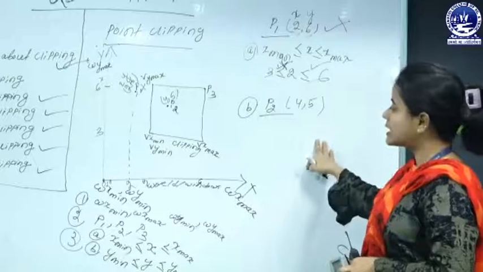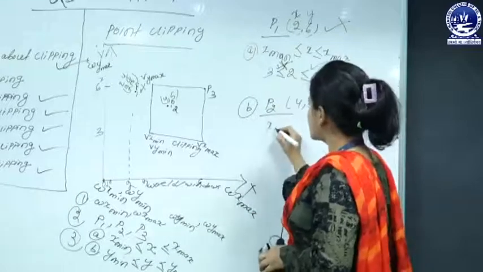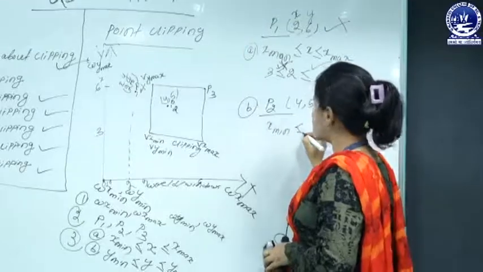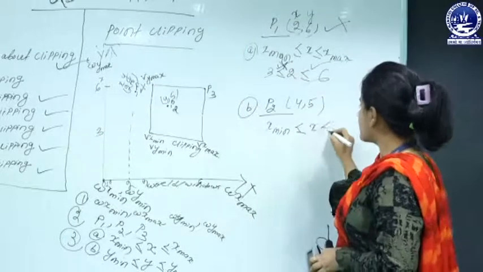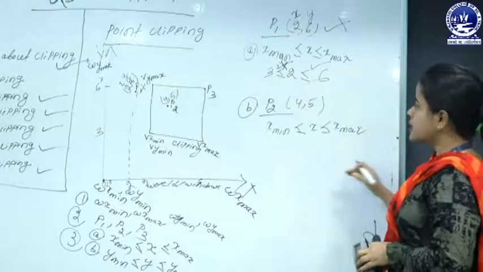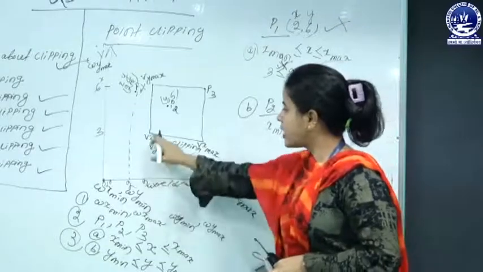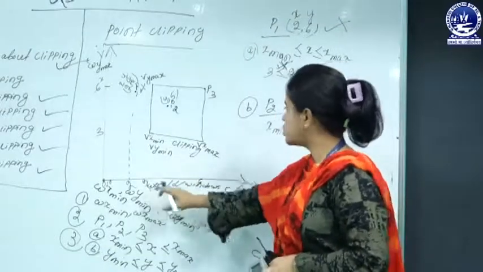So now to again check the given two constraints. They are x minimum is less than or equal to x, then less than or equal to x maximum. Okay, so now to put in our x minimum value. Here the x minimum value starts from 3.